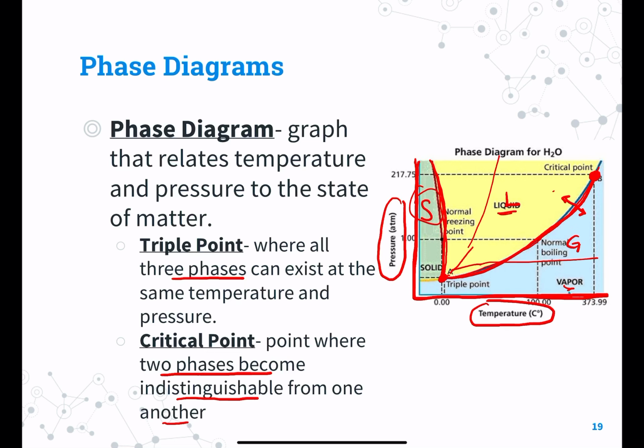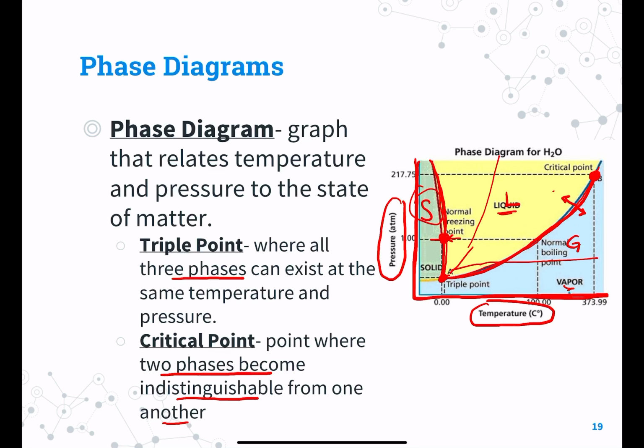Okay? Now, to be able to read a phase diagram, you have to understand the changes in states of matter. We talked about those in Unit 2, when we talked about matter. When you go from a solid to a liquid, that point is the melting point or the freezing point, depending on which way you're going. If you're going from solid to liquid, it would be a melting point. If you're going from liquid to solid, it would be a freezing point.